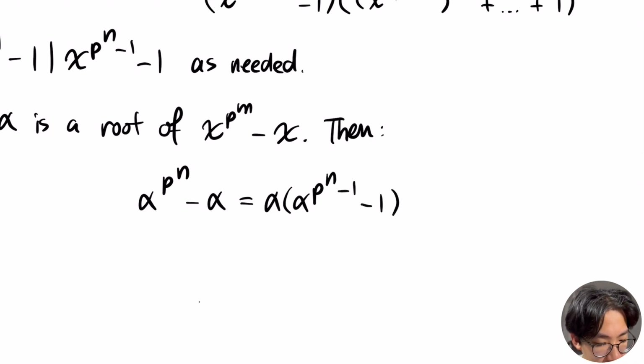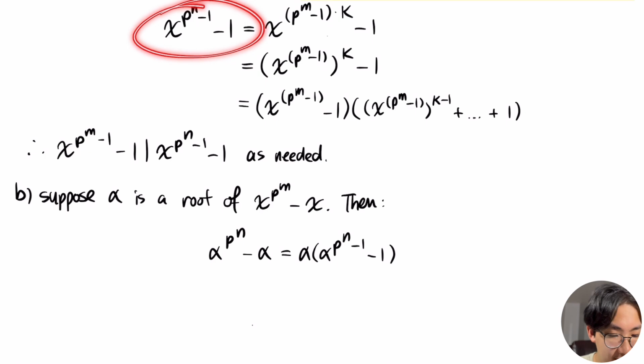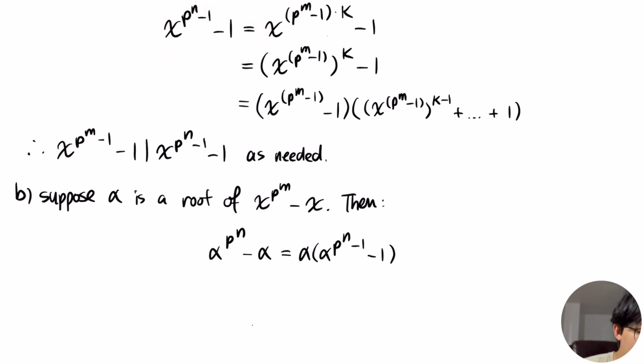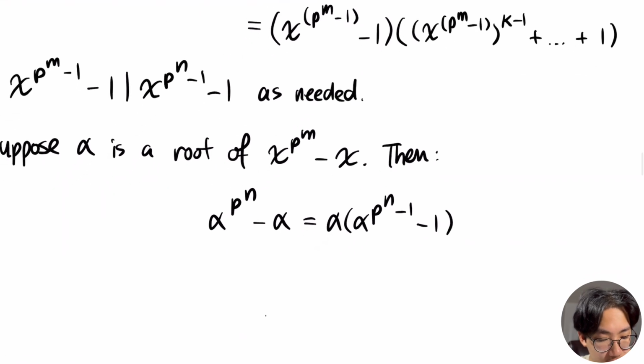This again comes from just factoring out alpha. And then from there, we can make use of a result from part A, right? We know that x to the p to the n minus 1 minus 1 is equivalent to precisely this right over here. So we can replace that.